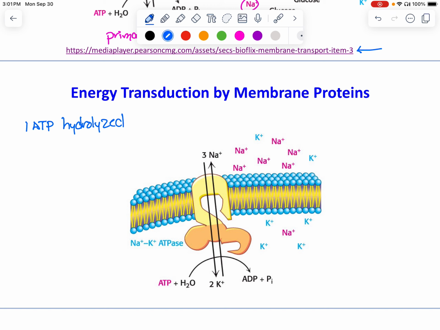We get 3 sodiums moving out of the cell, pumped out, and we get 2 potassiums pumped into the cell. And in this case, both of these are going against the concentration gradient. So it's unfavorable, so that ATP must be fueling this.